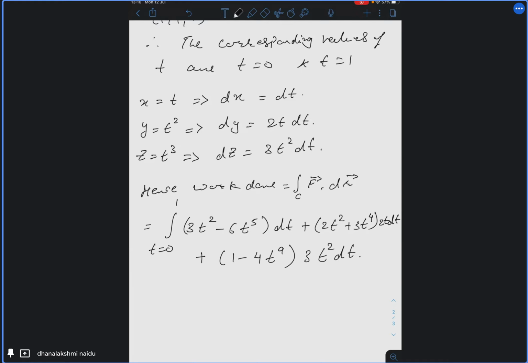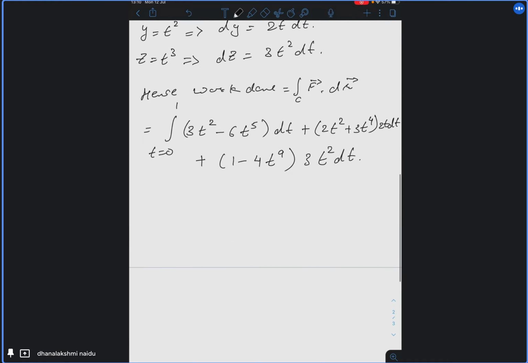Understood all of you? Yes, ma'am. Now simplify all of this and write it as one integral, with dt common. What do you have in the bracket? On simplification, you will get t to the power 11: here you have t to the power 9 times t square, so t to the power 11, and that will be minus 12 t to the power 11.